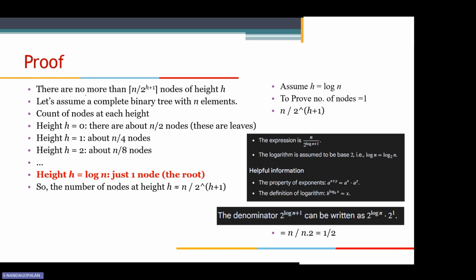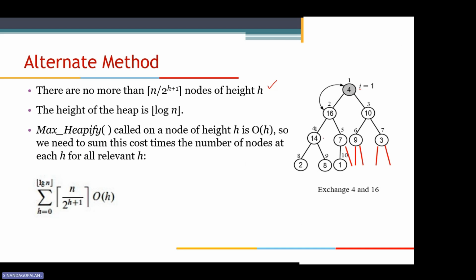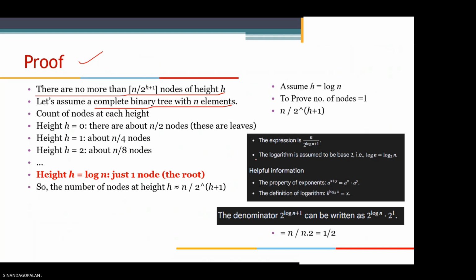So the same statement I have repeated here just to give you the proof of this. And assuming it's a complete binary tree with n elements. So in this case, let's assume 10, 11, 12, 13, 14, 15 elements. Some dummy elements you can assume. So my n may be 15 elements.